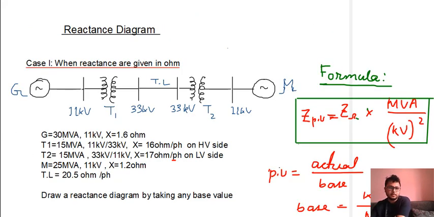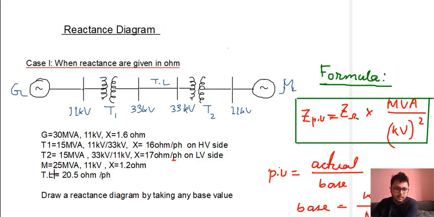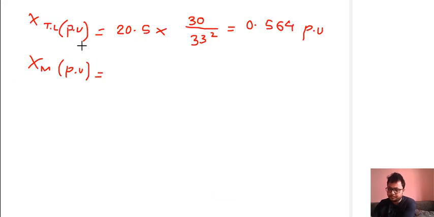What is left? The motor is left. X motor per unit: how much is the value given? X equals 1.2, so 1.2 into 30 divided by how much?